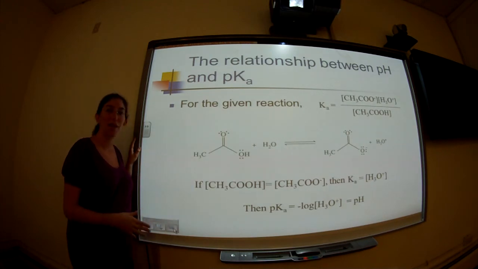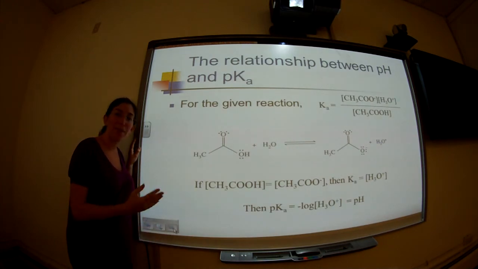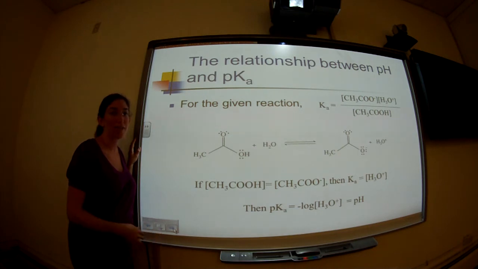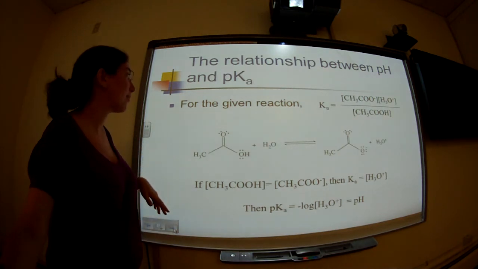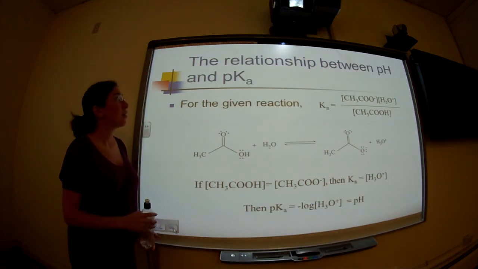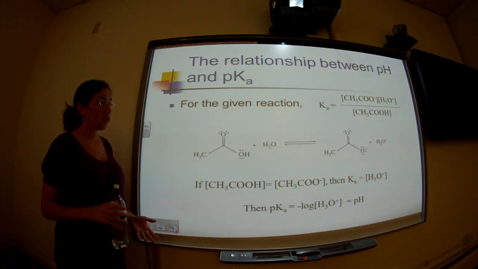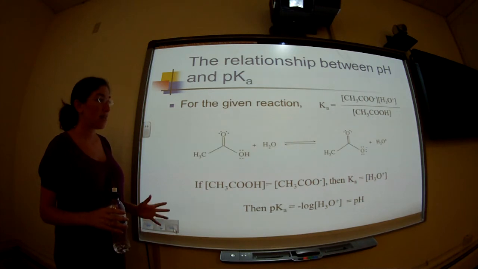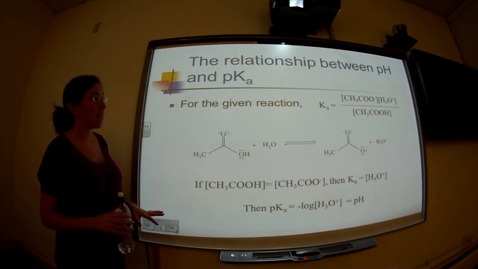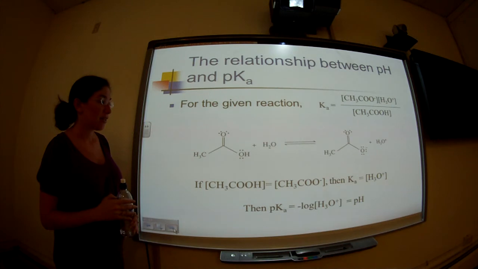A lot of times acid strength is mentioned in pKa. You usually get the pKa value as opposed to the Ka value. So there is a relationship between pKa and pH of an acid.